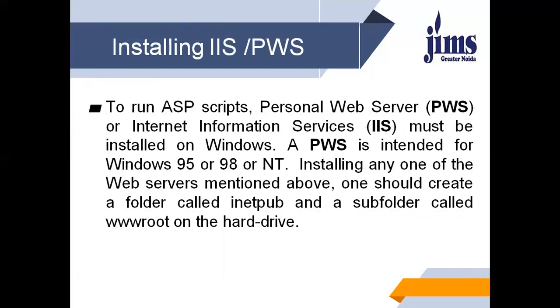To run ASP scripts, PWS or IIS must be installed on Windows. PWS is intended for Windows 95, 98 or NT. After installing any one of the web servers mentioned above, one should create a folder called inetpub and a subfolder called wwwroot on the hard drive.